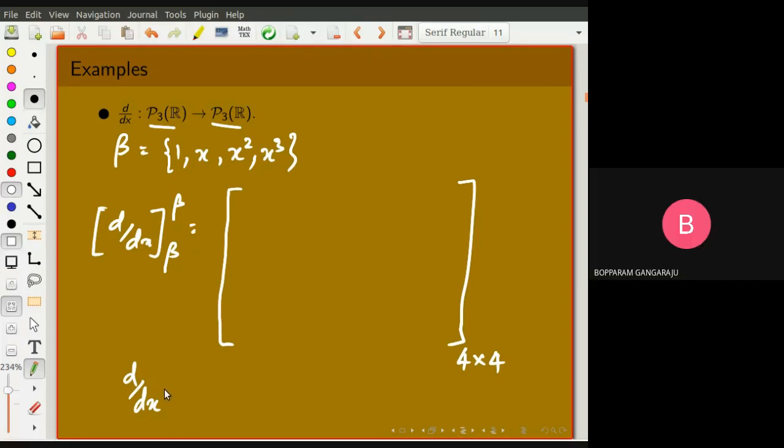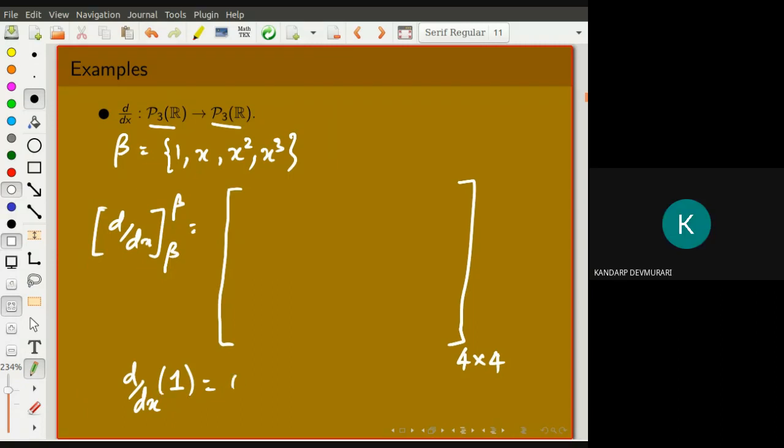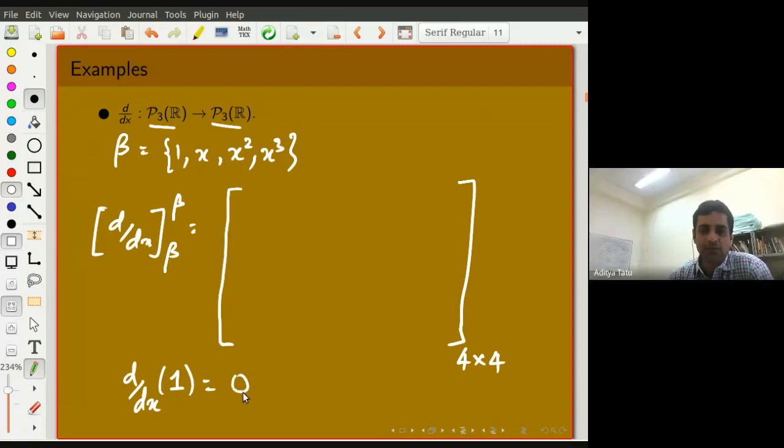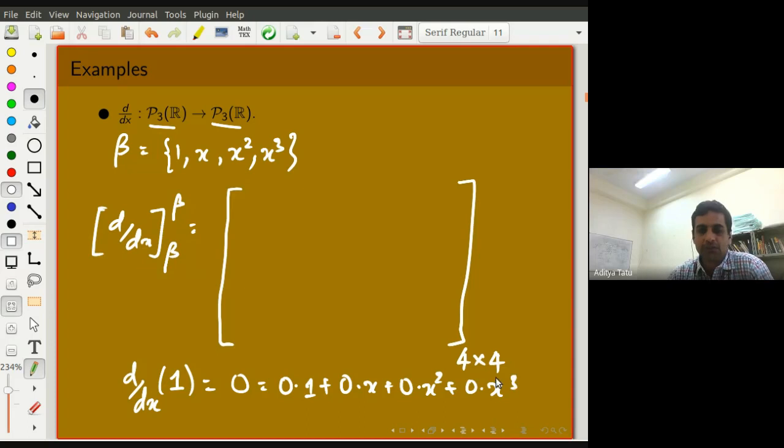Constant 1. 1, right? The constant polynomial 1. What is the derivative of the constant polynomial? 0. How do I represent 0 as a linear combination of the given basis? All constants are 0. So what would be my first column vector?